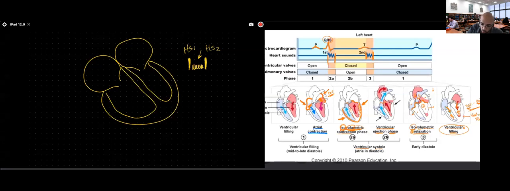I told you, which heart sound would you hear when you start the contraction? First heart sound. So if I hear lub, sh, dub, this sound is taking place when the ventricles are contracting.